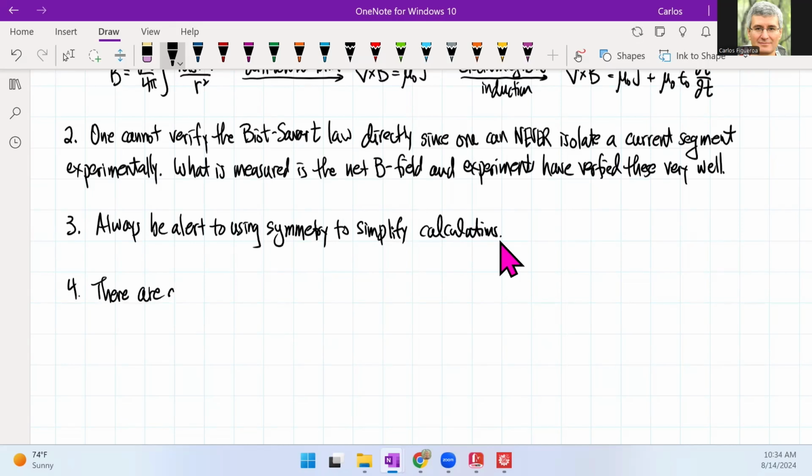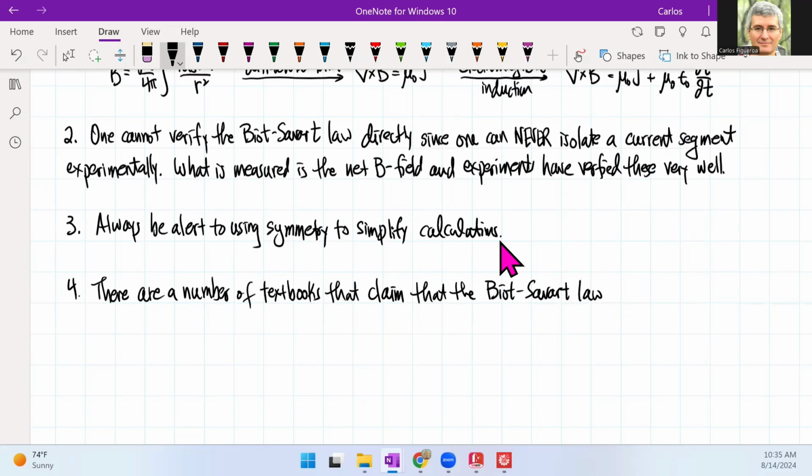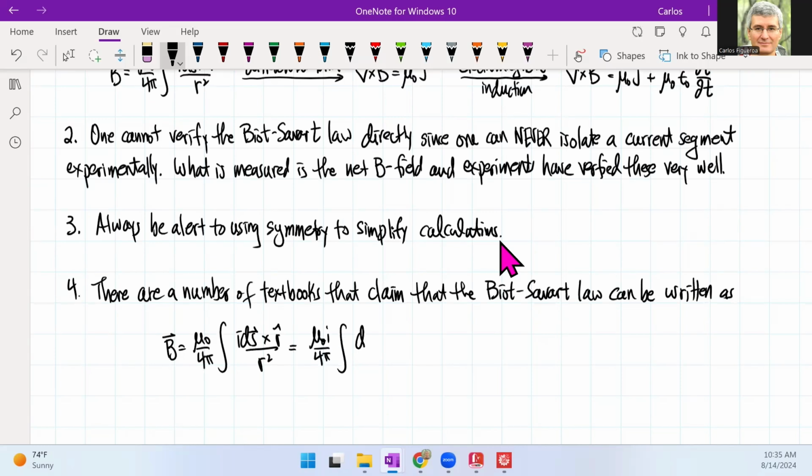There are a number of textbooks that claim that the Biot-Savart law can be written either the way we've been writing it, which has r squared, but if the current is constant, we can pull out that factor, so we're really integrating this part right here.